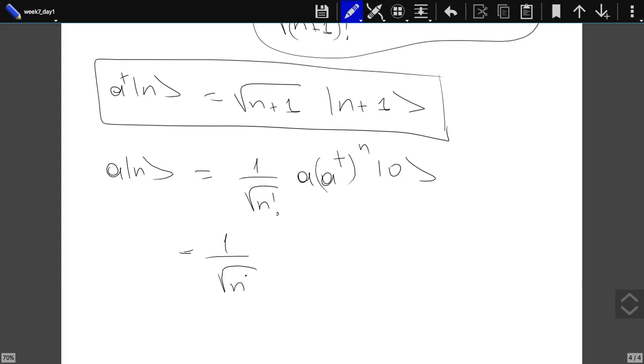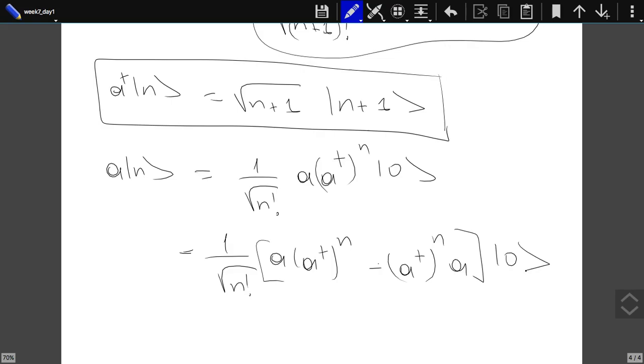This I can write as 1 over square root of n factorial times A a dagger to the power n minus a dagger to the power n multiplied with A, acting on the ground state.